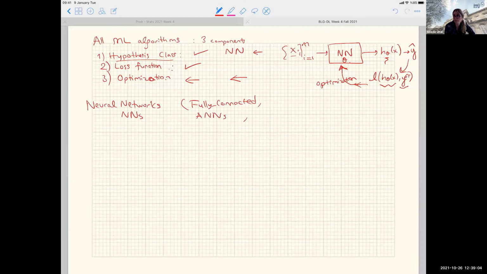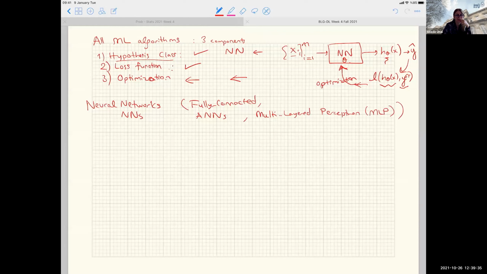Sometimes we call them MLPs for historical reasons, multi-layered perceptron. Remember, we looked at the history in the first class, first lecture, overview lecture. Sometimes that's why we call it MLPs, because perceptron was one of the first neural networks that was inspired from, again, the brain's neuron computations.